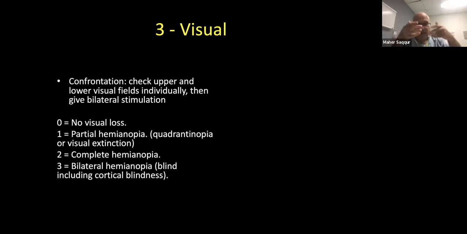If they cannot see anything, then I will give them a 3. So 0 normal, 1 quadrantanopia, 2 homonymous hemianopia, and 3 bilateral cortical blindness, that can be seen with the tip of the basilar artery clot causing a bioccipital stroke.